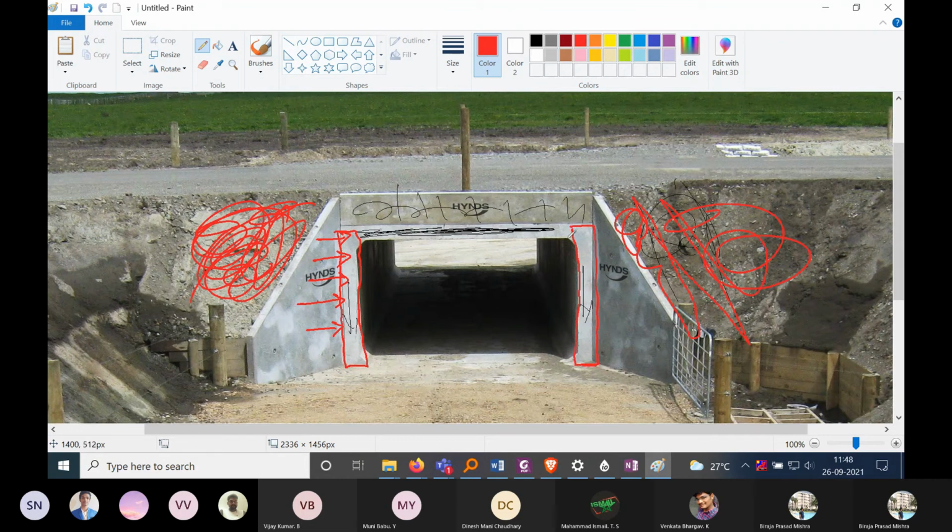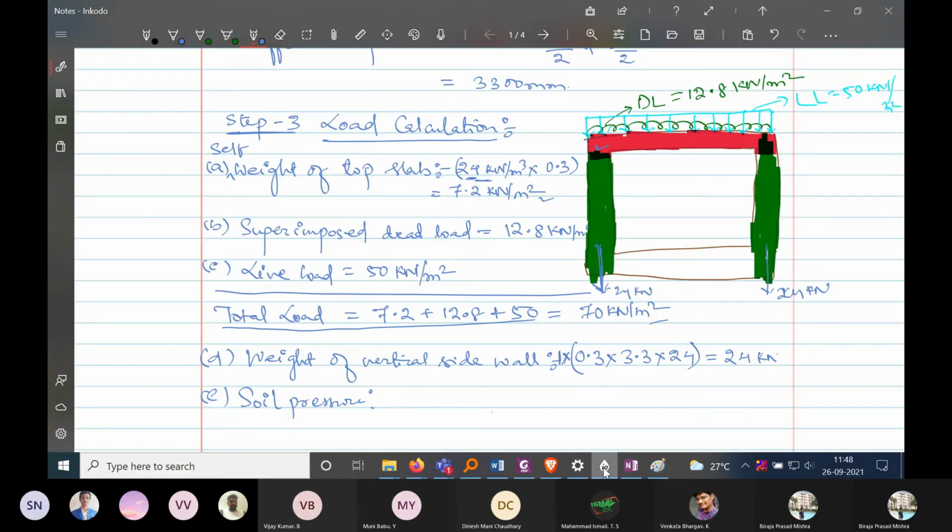So how are we going to calculate those? That is where we will be using the angle of repose and the density of the soil. That's why it is given in the question that the density of the soil at the site is already mentioned.